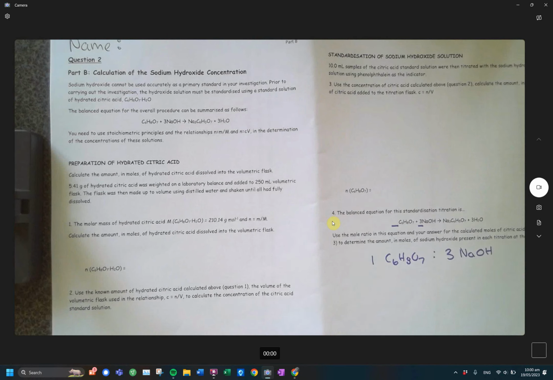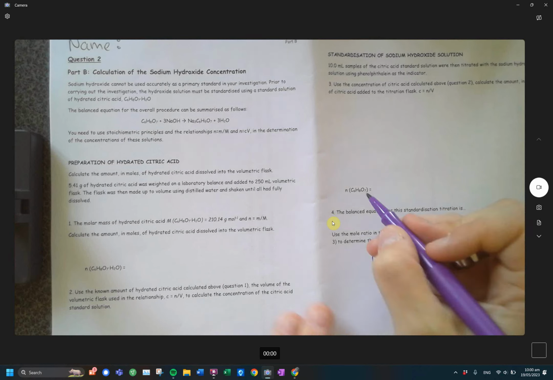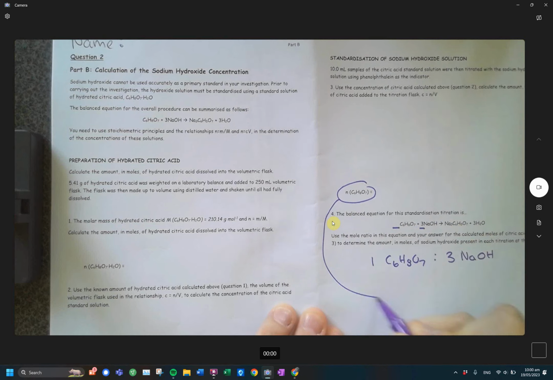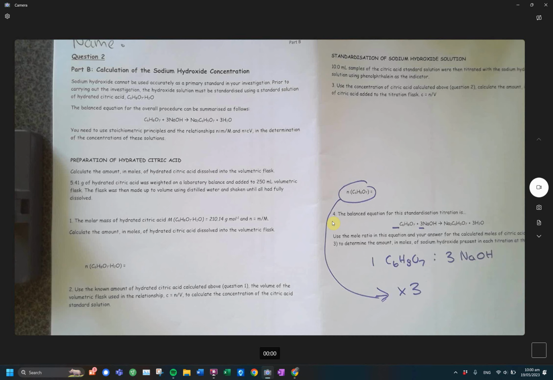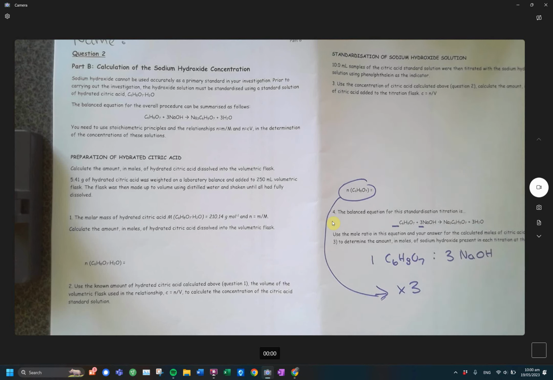So for every 1 citric acid, I need 3 times as much sodium hydroxide to neutralize it. So again, we take this value that we have here, and because this is a 1-to-3 ratio, we're going to multiply by 3. So we will give you the equations. You do not need to have those equations.